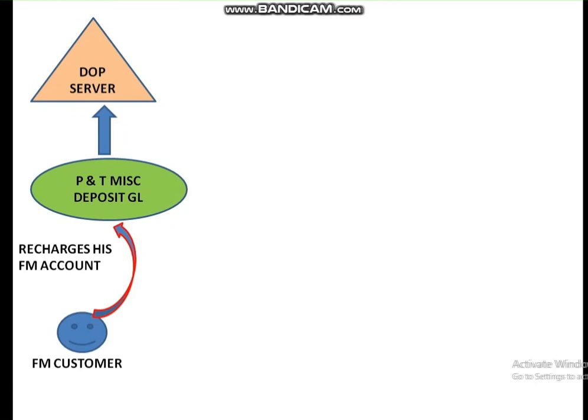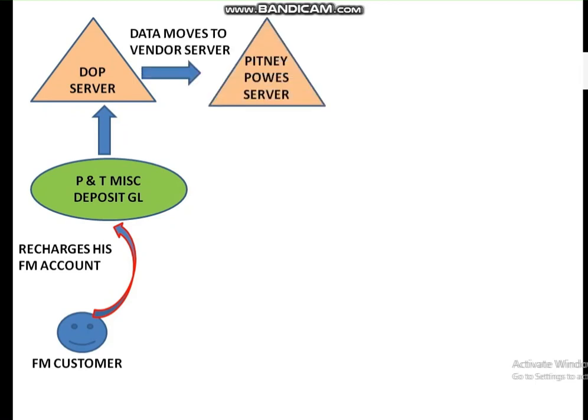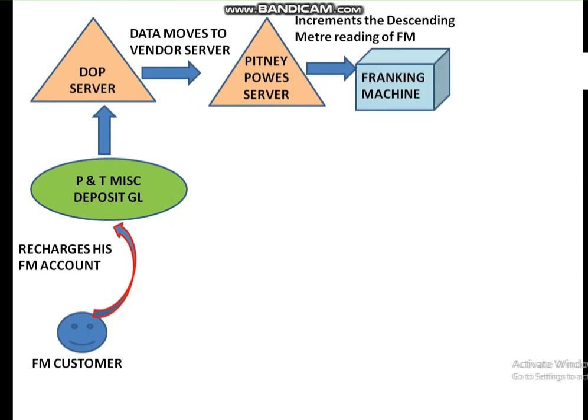From P&T deposit, the data moves to the DOP server. From the DOP server, the data moves to the vendor server, that is the Pitney Post server. From the Pitney Post server, what is happening? The franking machine of the customer will get incremented.